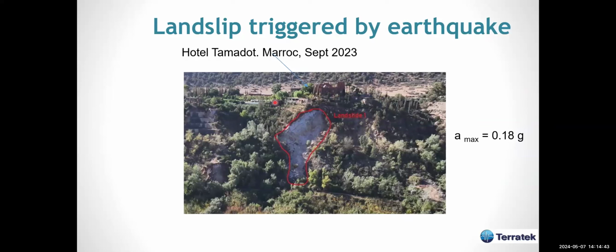It's a beautiful resort with lots of swimming pools, etc. The hotel was nearly destroyed, and so they might abandon the site. That was what we heard when I visited the site in January this year, and I carried out a design to stabilize this slope, which I'm going to talk about in more detail at the soil nailing class.